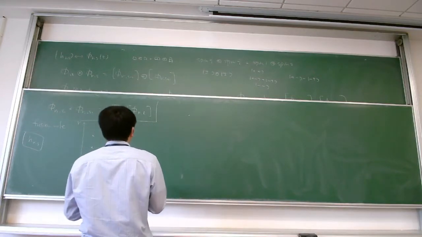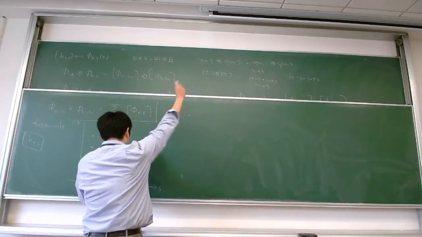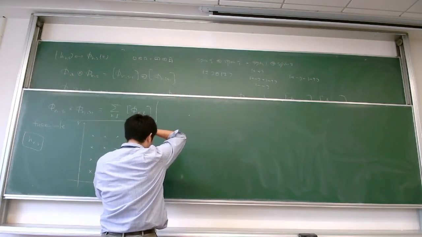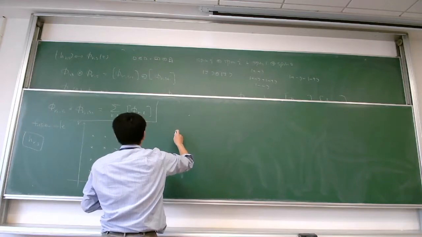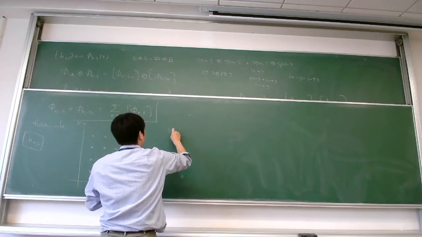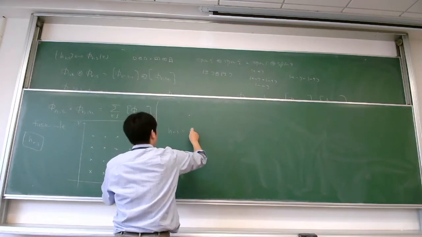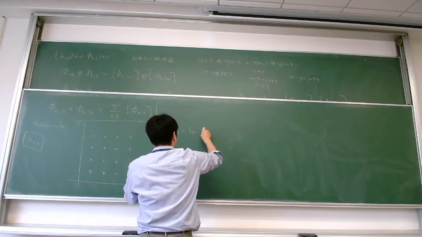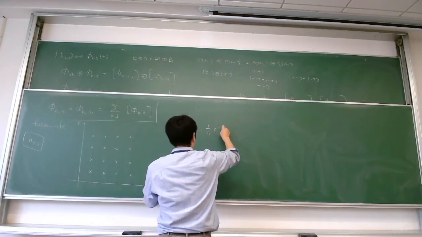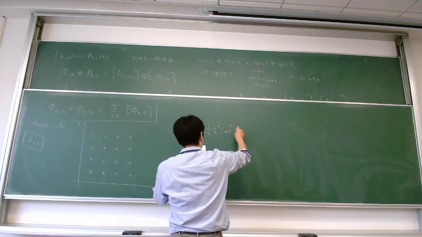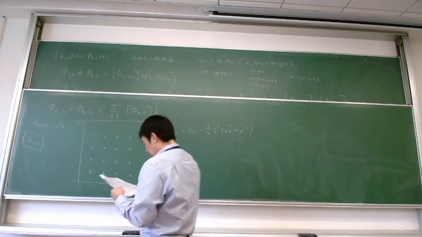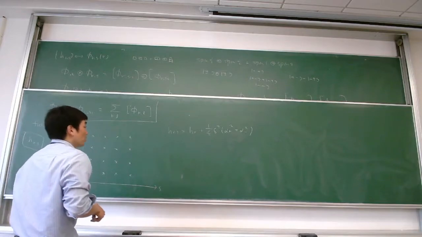In fact, let us consider this tangent theta. H_RS can indeed be written like H0 plus 1/4 delta squared plus alpha plus squared plus alpha minus squared. Alpha plus and alpha minus I have written over there, so I'm not going to write them down.